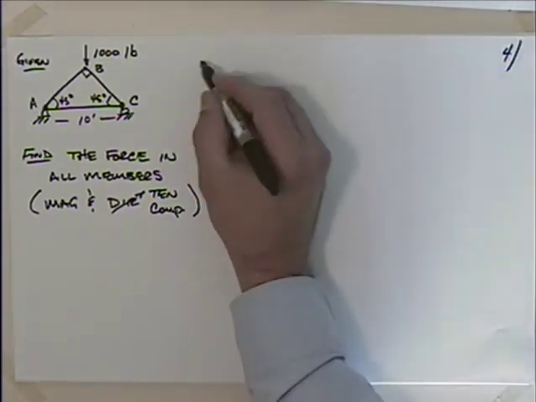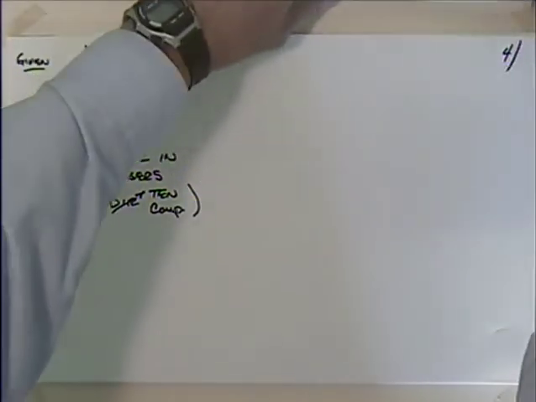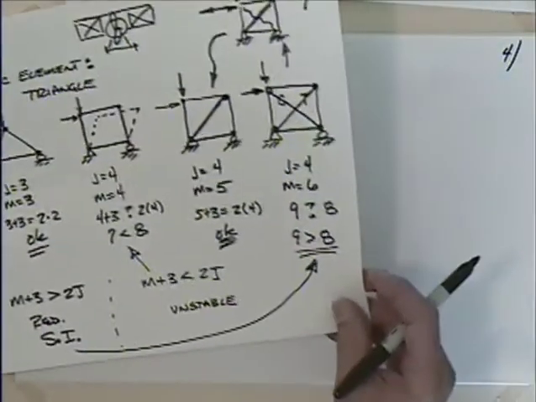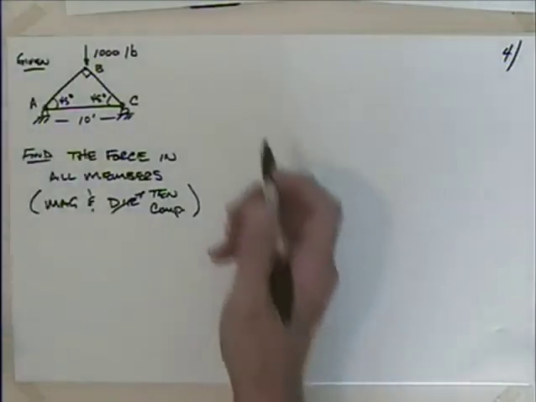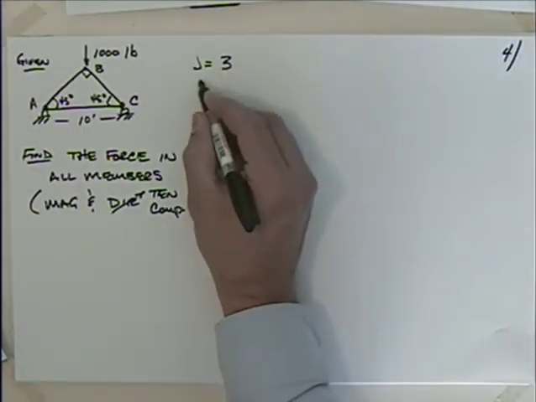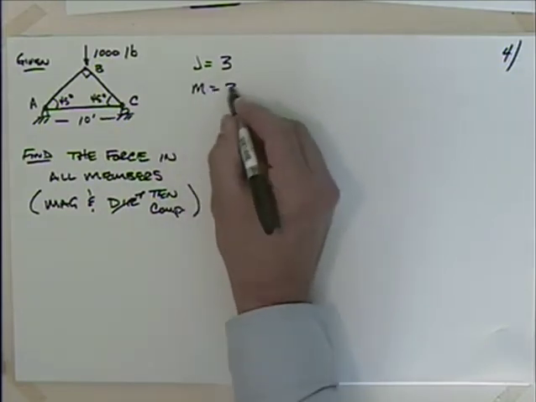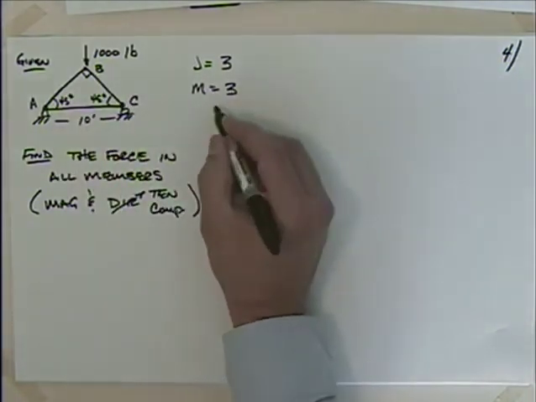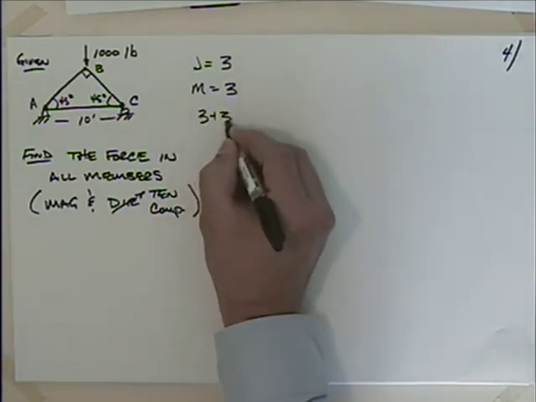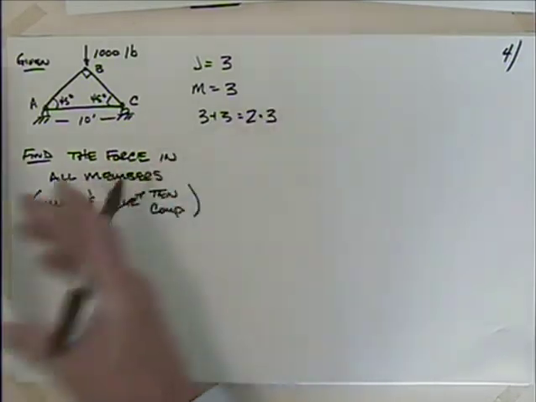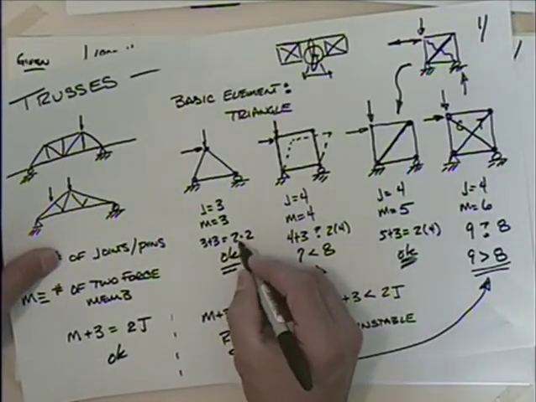So if we look at this, if you want to go back and talk about the thing we did a couple slides ago, we're talking about the M's and the J's. We have J equal to what? 3, and M is equal to 3. 1, 2, 3, A, B, C, 1, 2, 3. So we've got 3 plus 3 is equal to 2 times 3. Looking back on this, it looks like I made a mistake here.